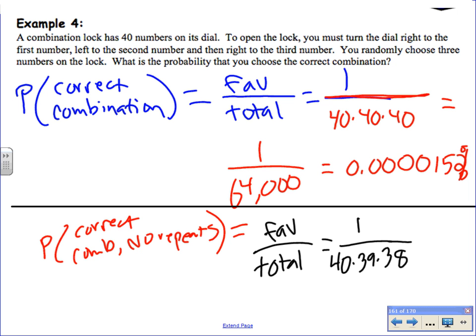Go ahead and multiply all those, and we'll have someone tell us what you got. Josh, what did you get? Good job. 59,280. So there's a 1 over 59,280 chance of getting into this locker. Questions? Neil? Okay. Questions on that?